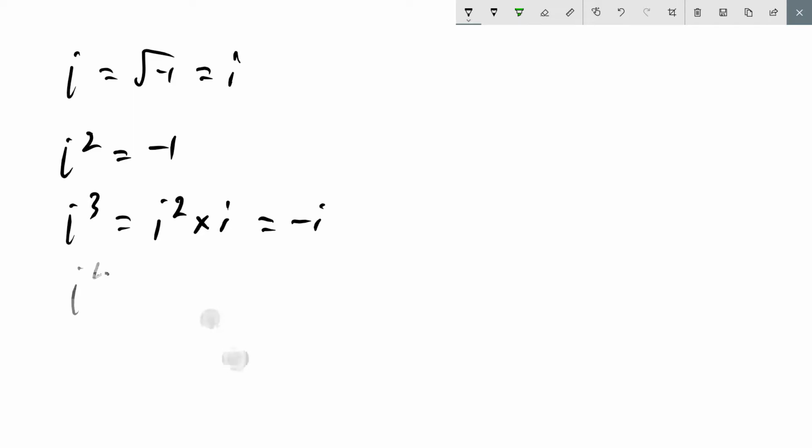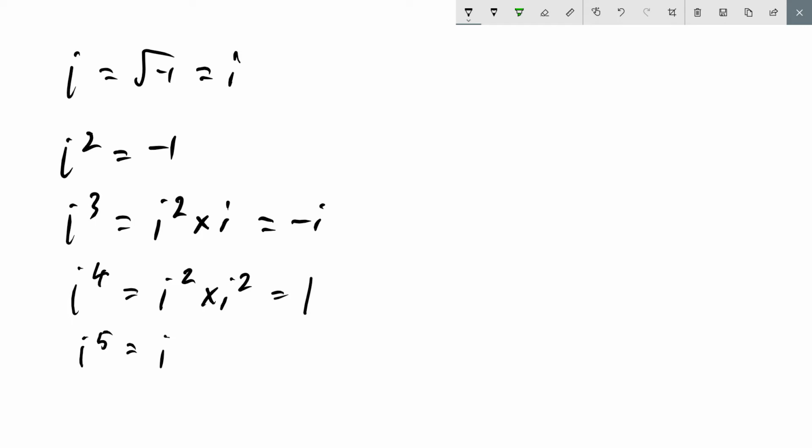What about i to the 4? Well, that can be i squared times i squared, and that is just negative 1 times negative 1, which gives us 1. And what about i to the 5? Well, it's going to be i to the 4, which is 1, times i, and we're going to get i. So what we're going to have is this infinitely repeating pattern of i, minus 1, minus i, 1, i, and this will repeat infinitely.